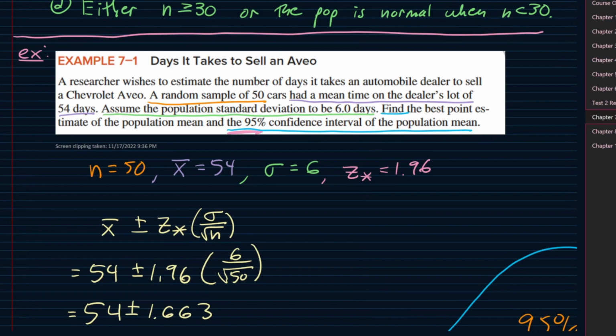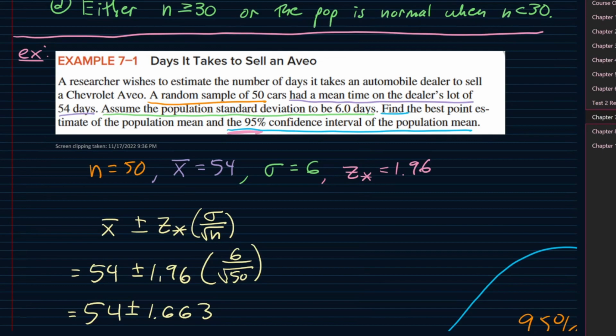And so, of course, since we know sigma, we would use this formula that we just spoke of. X bar plus minus Z star times sigma over square root of n. So you just identify all the constants, I should say.